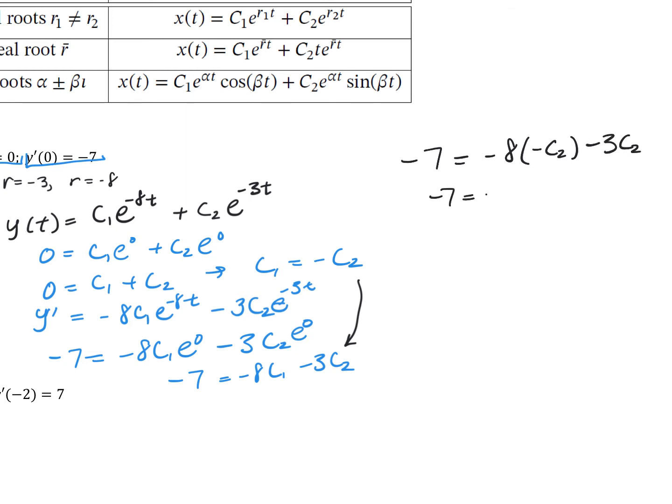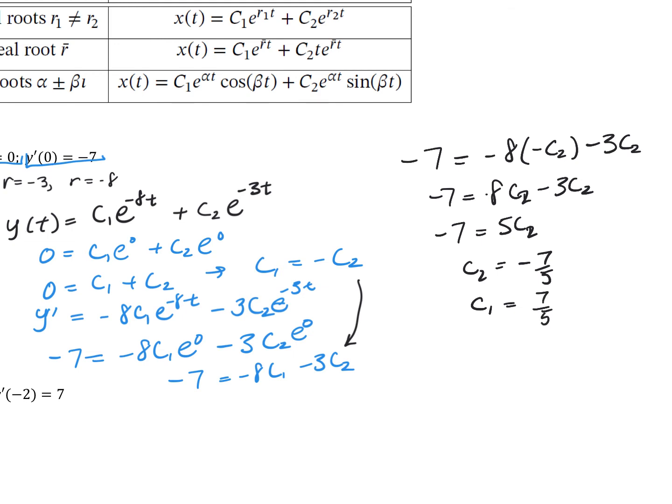So -7 is equal to 8 c sub 2 minus 3 c sub 2. -7 is equal to 5 c sub 2. And so c sub 2 will give me -7/5. That means c sub 1 must be the opposite, which is +7/5.